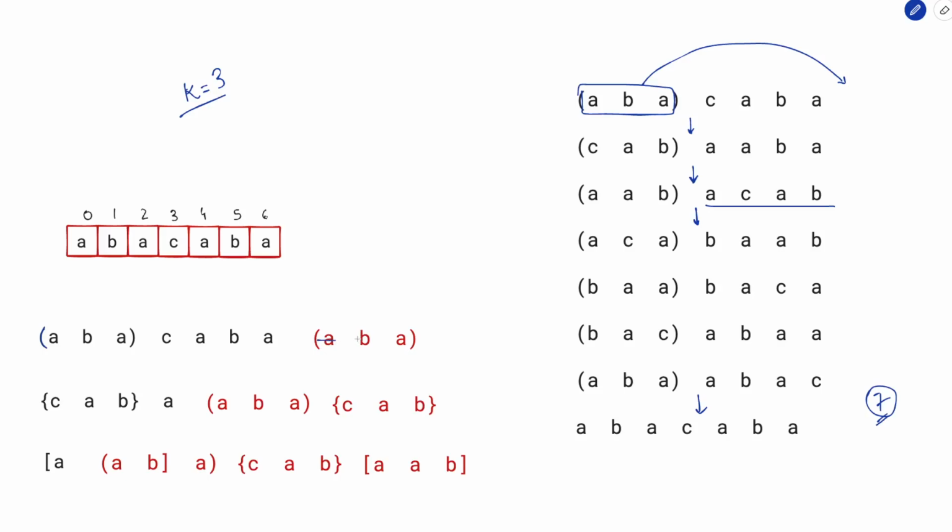So this may not be ABA, this can be anything, right? Now your current string is CABA followed by some 3 characters which you can fill as per your wish.